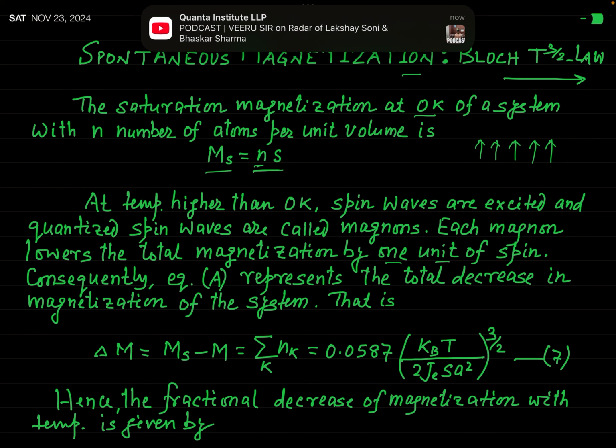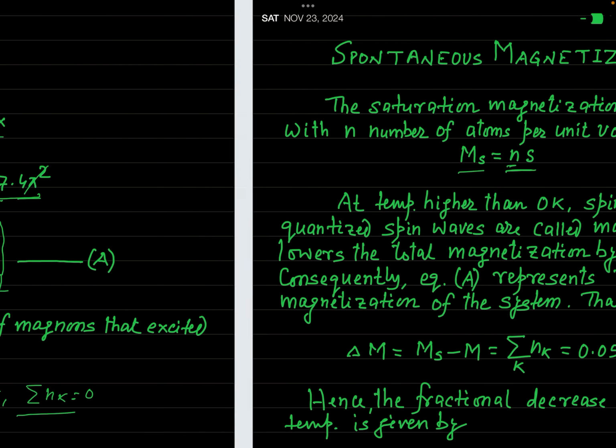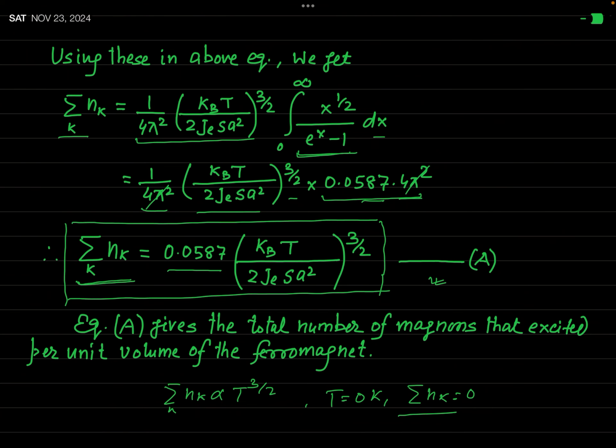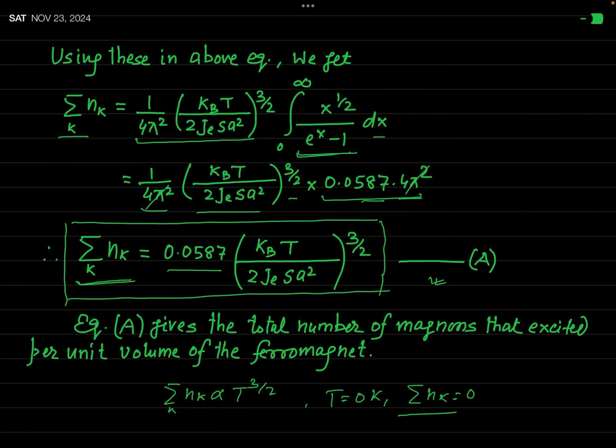So each magnon lowers the total magnetization by 1 unit of spin, and therefore equation A, which represents the total number of magnons, also represents the reduction in total spin.